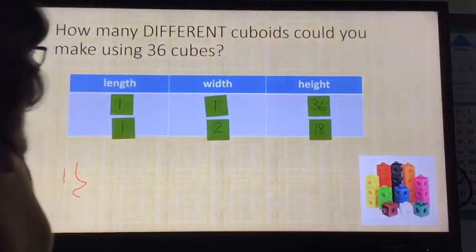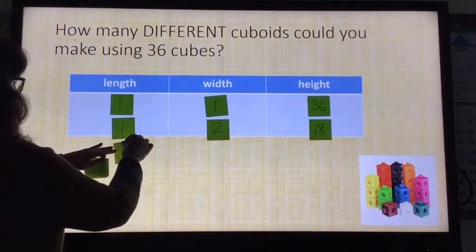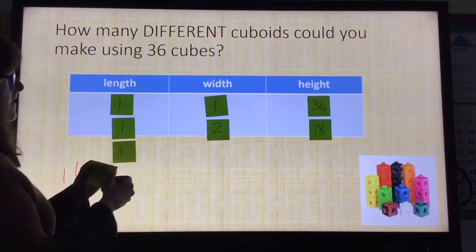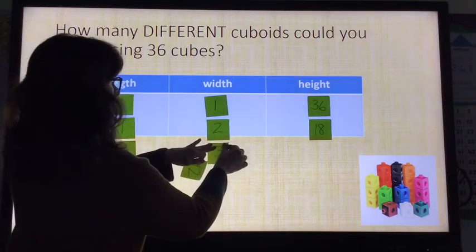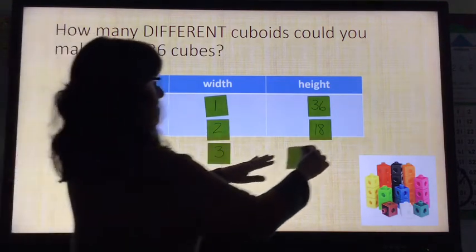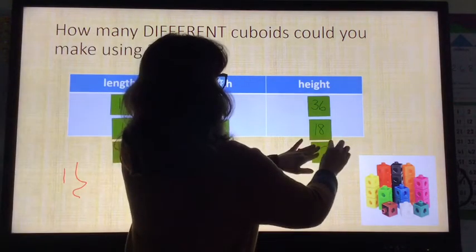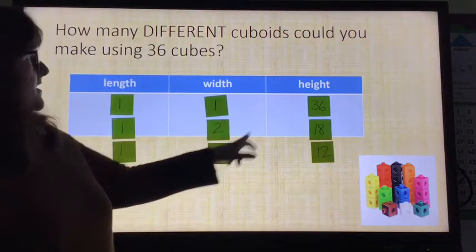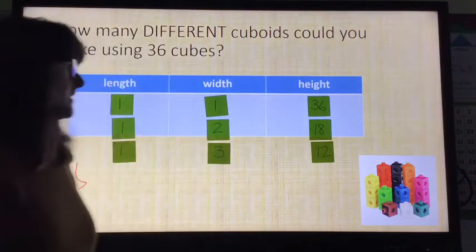Now, let's carry on with a length of 1. This time I'll have a width of 3. 1 times 3 is 3, so this is going to have to be a height of 12. 3 times 12 is 36.